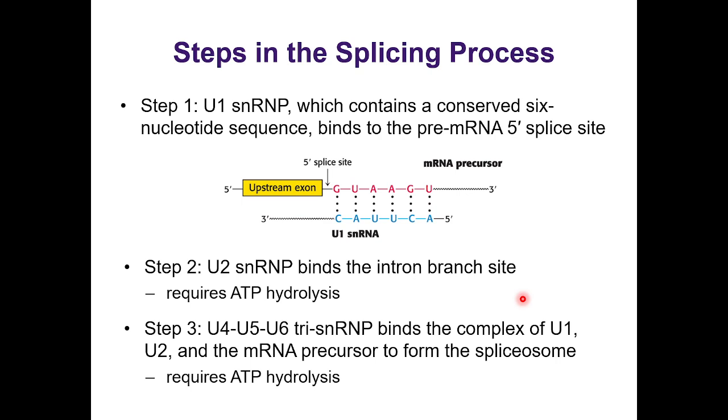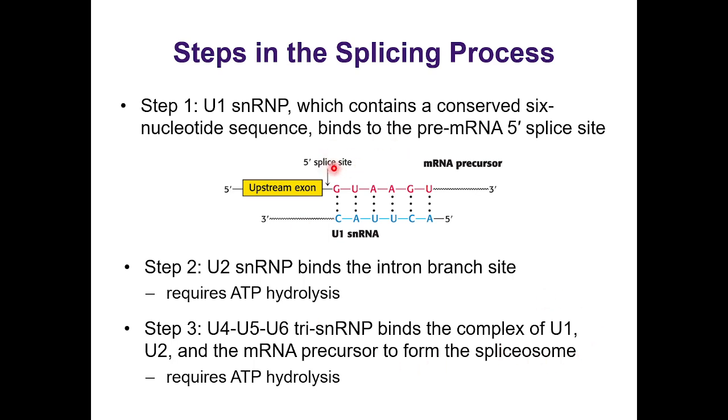So step 3 is going to be recruiting the U4, U5, U6 tri-snRNP complex. So this is going to bind the complex of the U1, U2 to this U4, U5, U6 already assembled complex. Okay? And the mRNA precursor, this is going to form your spliceosome when all of these are together.